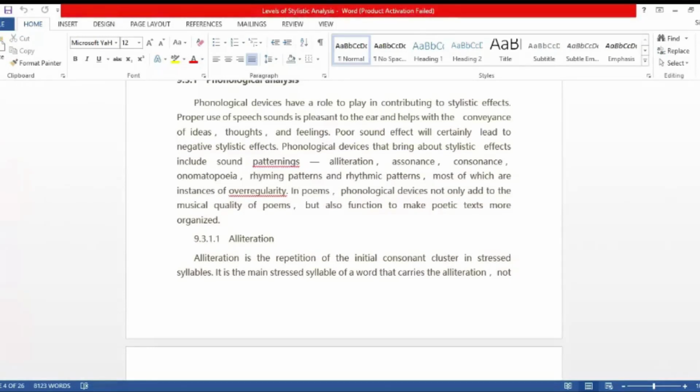Whether initial is stressed or unstressed we will see later, but the initial consonant sound, the sound at the beginning of words, if that is a consonant sound and if that is repeated, it is called alliteration. So it is the repetition of the initial consonant sound.